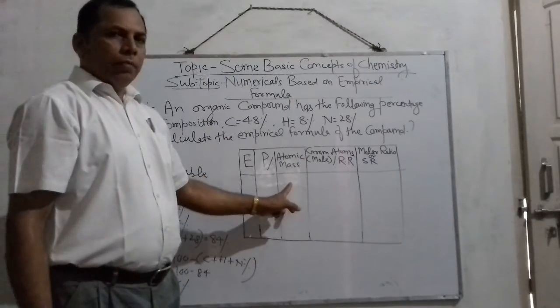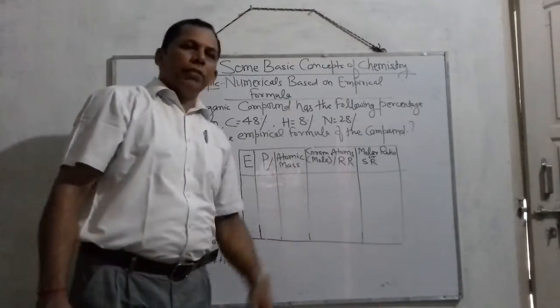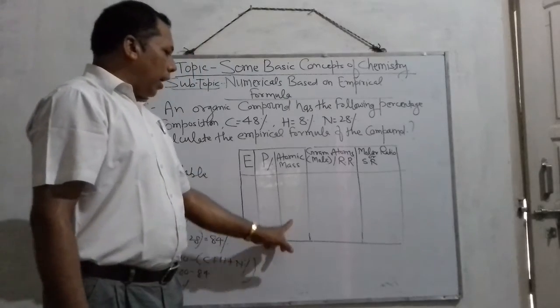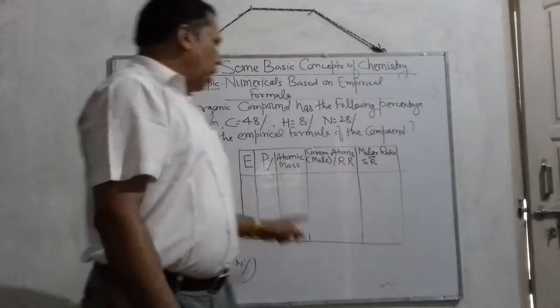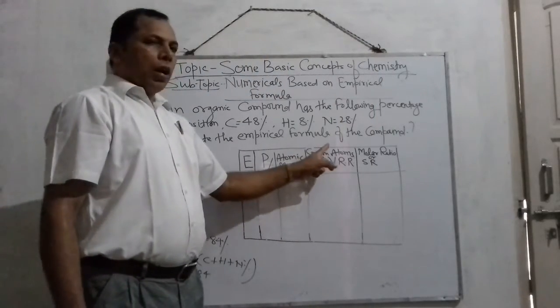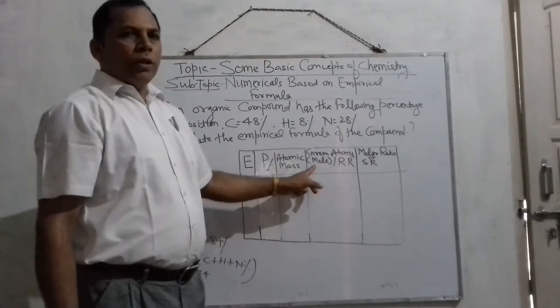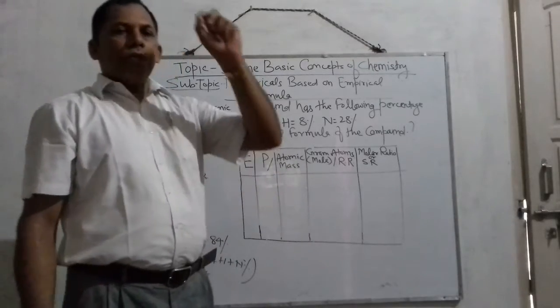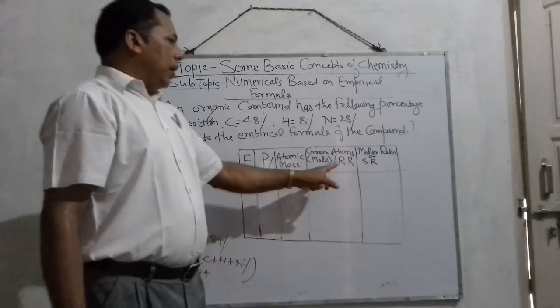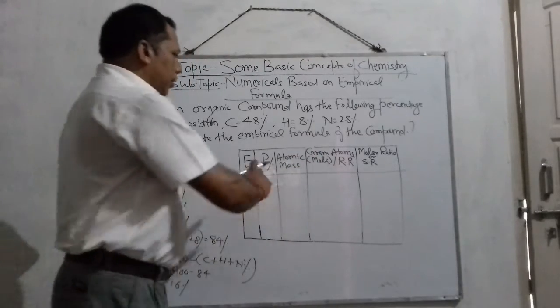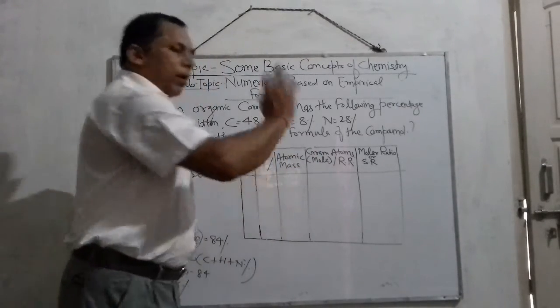In the third column, the column of atomic mass, we write the atomic mass of each element. And the next column is gram atoms, also known as moles, or simply the relative ratio. So what is the relative ratio? It is the division of percentage by atomic mass.